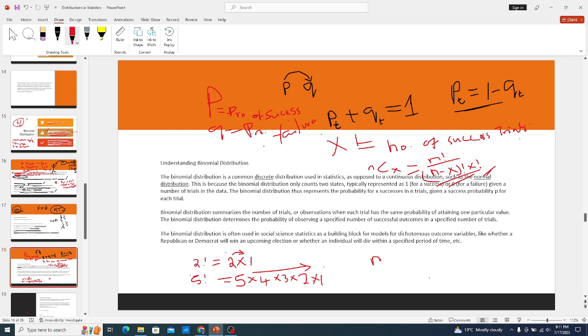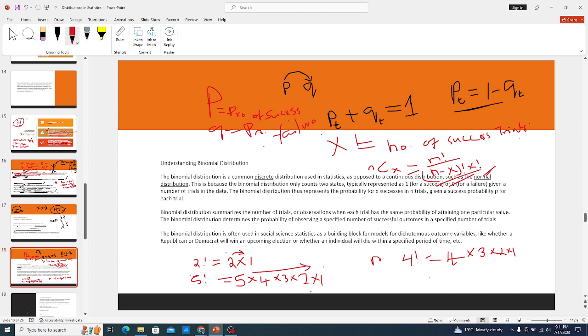Then you do the multiplication. So 4 factorial basically means 4 multiplied by 3 multiplied by 2 multiplied by 1. That's what we mean by factorial.